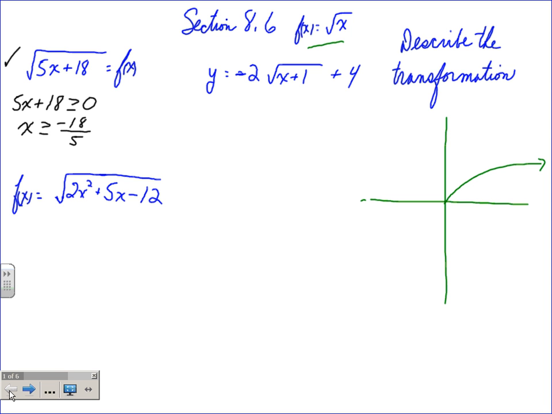I can use any x value I want as long as 2x squared plus 5x minus 12 is greater than or equal to 0, as long as it's a positive value. Well, let's factor that. And the problems you'll have today, you'll be able to factor. You won't have to use the quadratic formula.